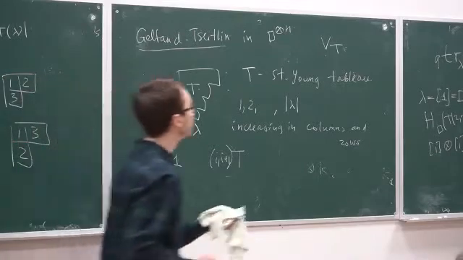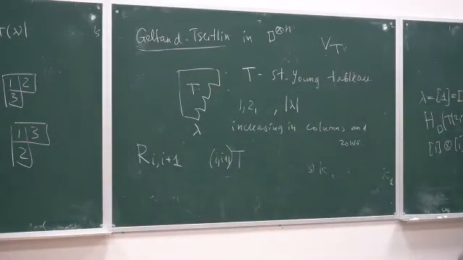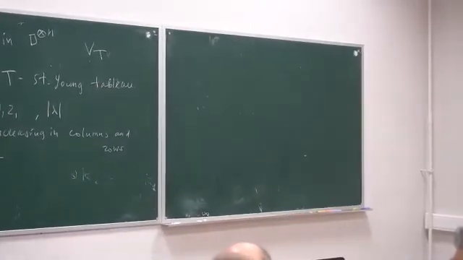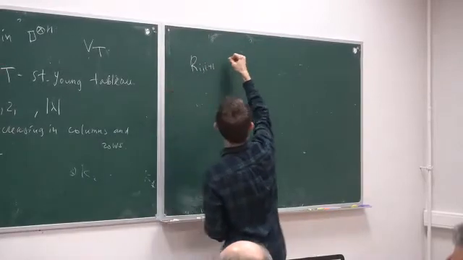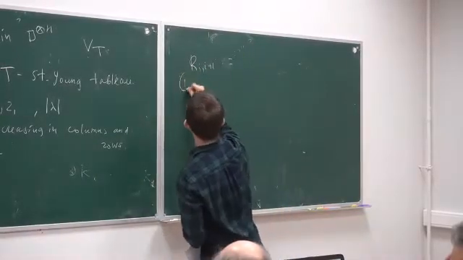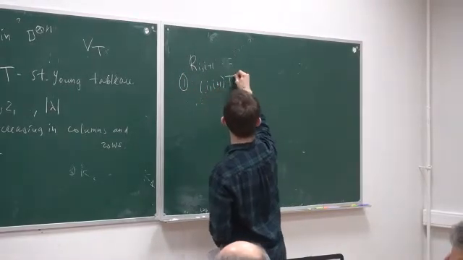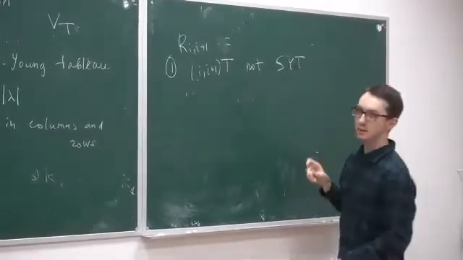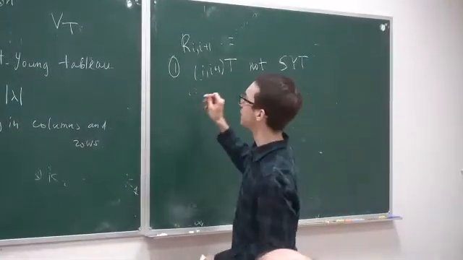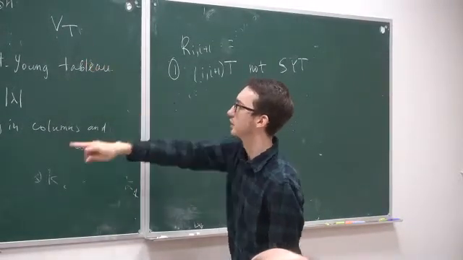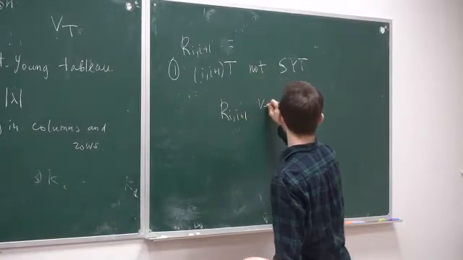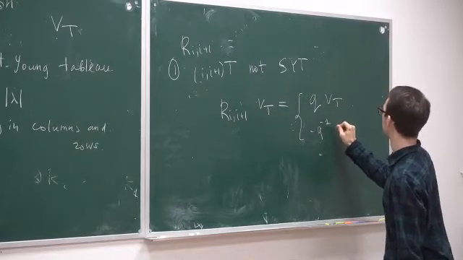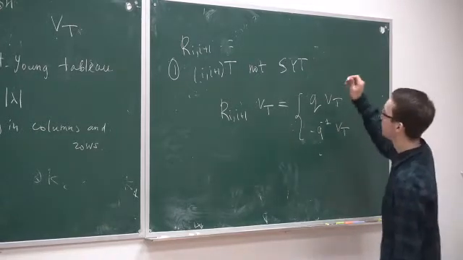So there are two cases. First, if s_i T is not a Young tableau for the same diagram, then this vector is an eigenvector for this operator R_{i,i+1}, and the eigenvalue can be q or minus q inverse, depending on the following.